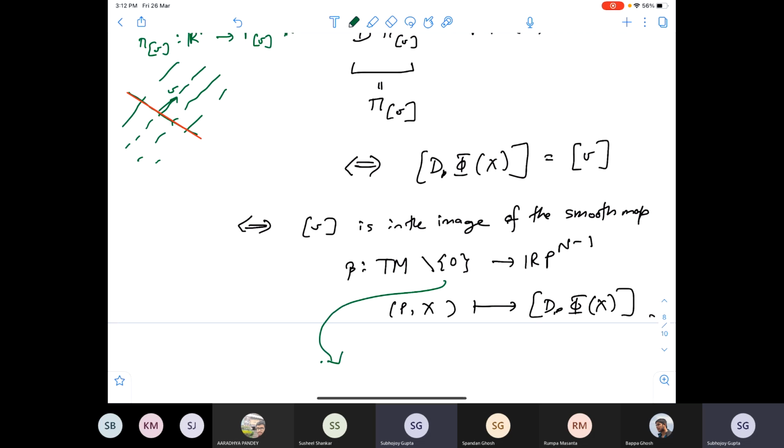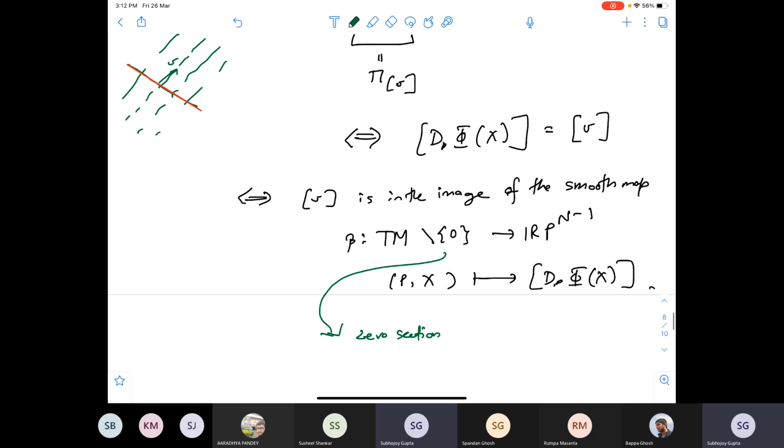This actually represents the 0 section, and we'll talk about sections later on, but right now it just means all the zero vectors in these tangent spaces, so it's 0 in TpM. If you throw out this subset of the tangent bundle, you're left with all the non-zero vectors in every tangent space.